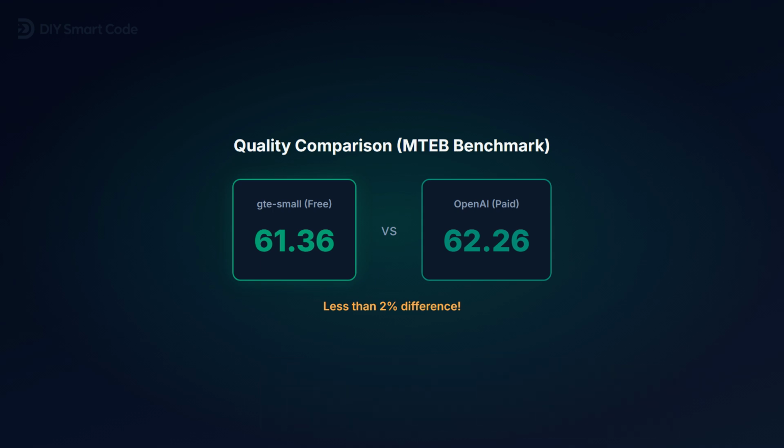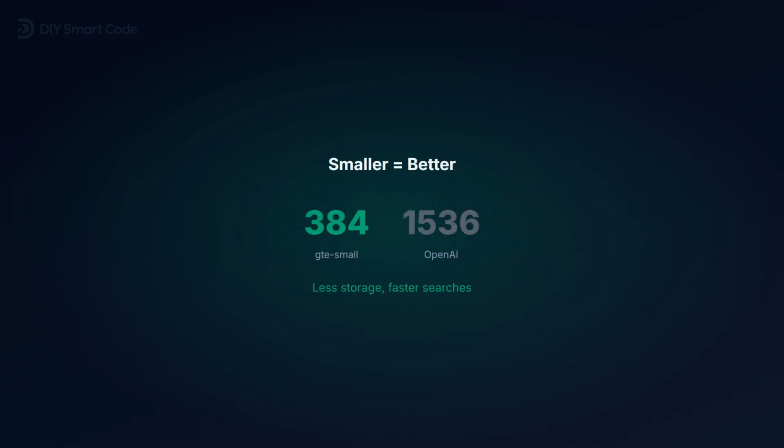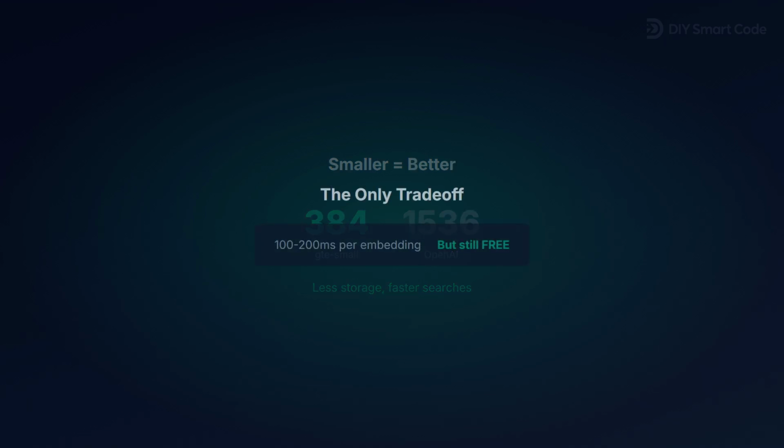That's less than 2% difference that most applications will never notice. Better yet, GTE Small uses only 384 dimensions compared to OpenAI's 1536. That means your vectors take up less storage and similarity searches run faster. The trade-off? Edge functions take about 100 to 200 milliseconds per embedding instead of OpenAI's instant response. But for batch processing documents, that delay is irrelevant, and you're paying $0.